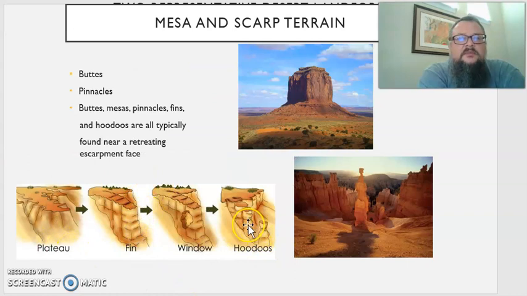Hoodoos, we've talked about a couple. I've shown you pictures of this earlier this semester. Hoodoos really are just pinnacles that form in large numbers in a given place.